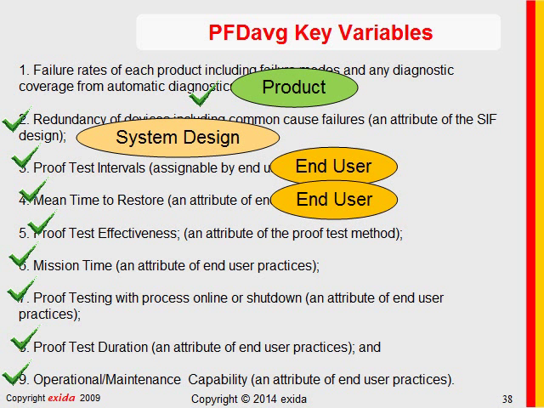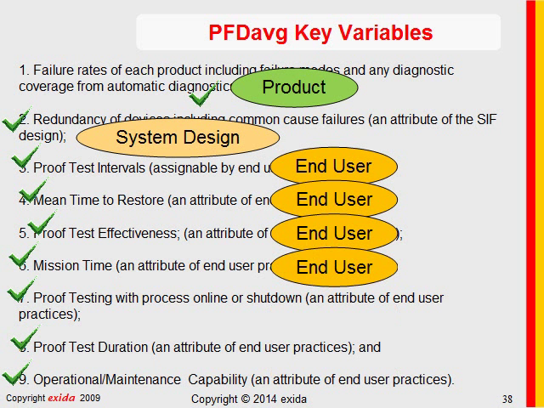Proof test effectiveness. It's absolutely something determined by the proof test method. Now, a manufacturer may give you some example proof test methods, and although some certification bodies don't require that manufacturers give you that, Exida does, at least example conceptual proof tests. But whether they're done or not, or whether you have a better approach, is entirely the responsibility of the owner-operator, the end user.